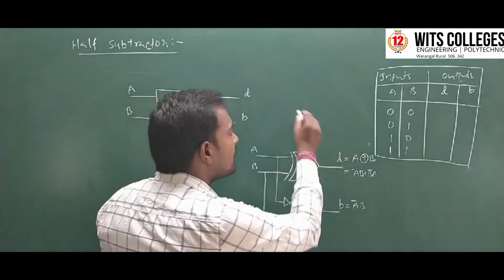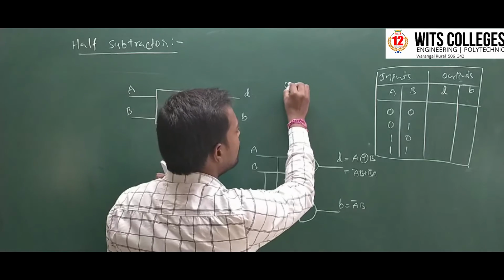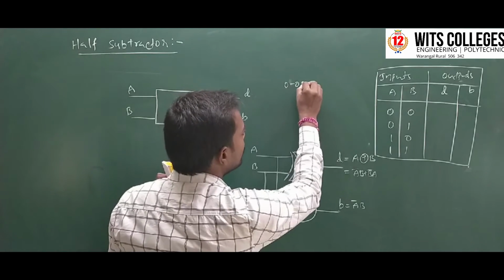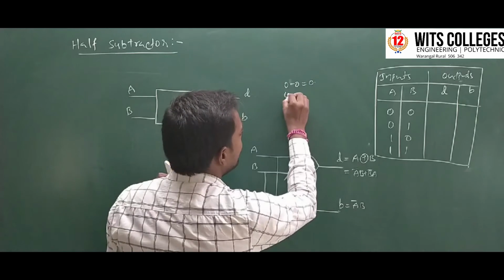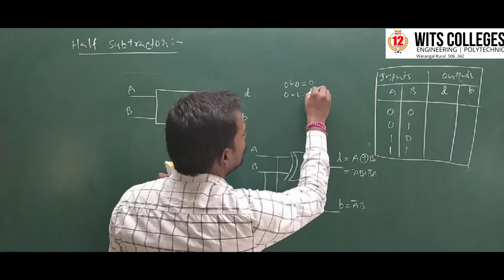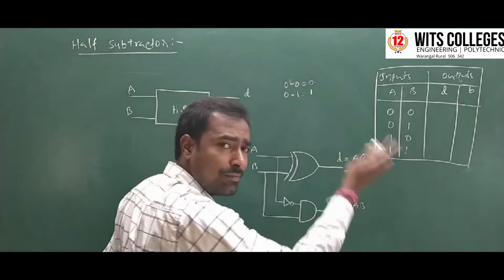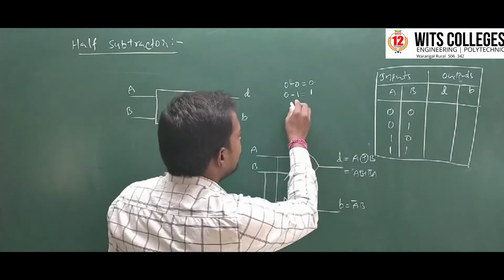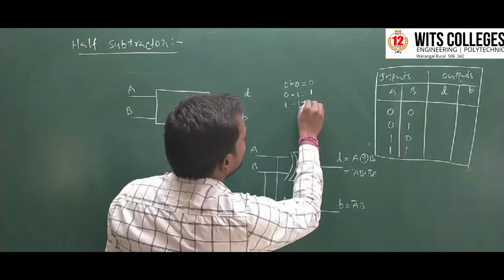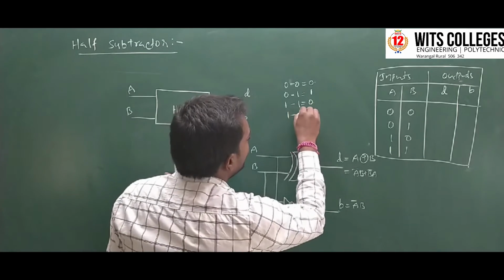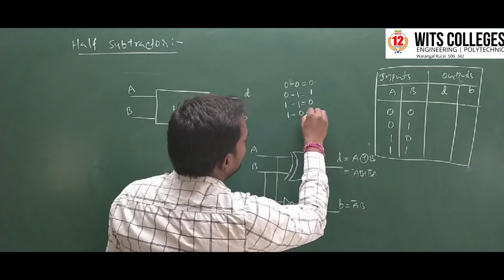When we perform binary subtraction, 0 minus 0 is equal to 0, 0 minus 1 is equal to 1 and borrow becomes 1, 1 minus 1 is equal to 0, and 1 minus 0 is equal to 1.